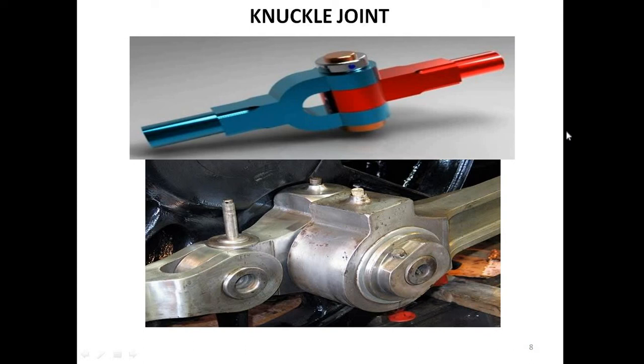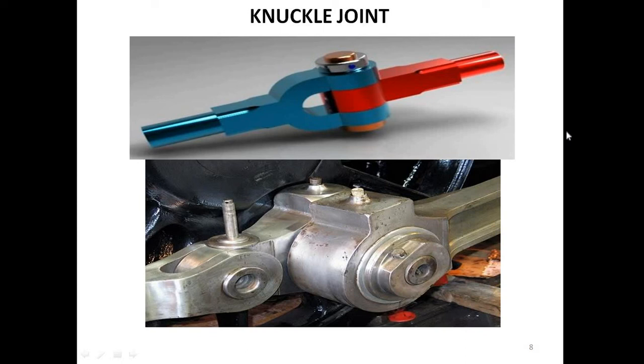In that 3D drawing, the knuckle is there, the knuckle pin, the eye, the fork, and the washer are there. These individual parts are drawn just like a production drawing. Then for each individual part, dimensions are there, tolerances are there, grade is there, surface finish is there, or any special treatment process is there.